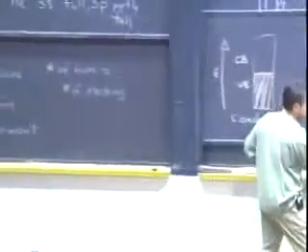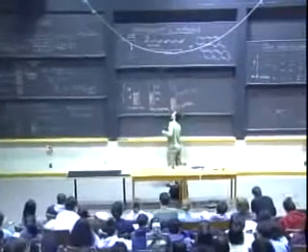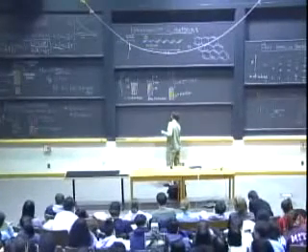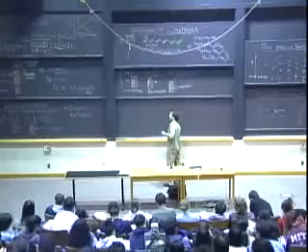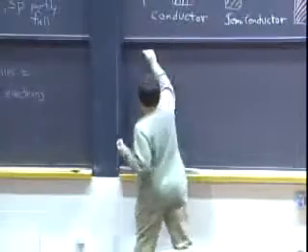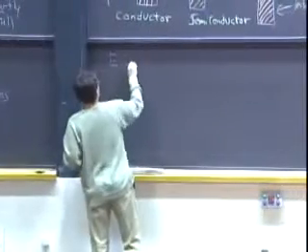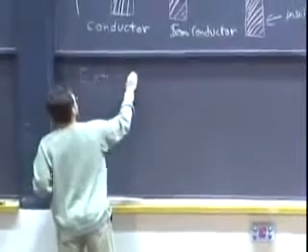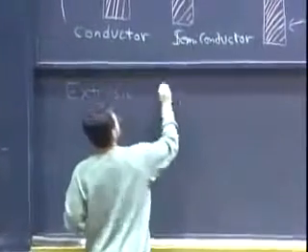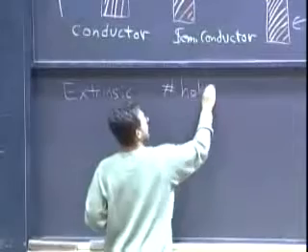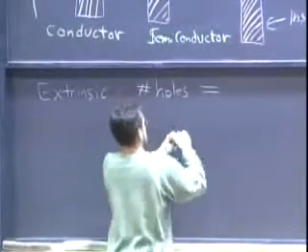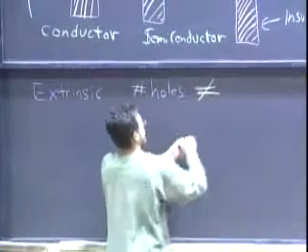Okay, and you might begin to suspect that for an extrinsic semiconductor, the number of holes does not equal the number of electrons.